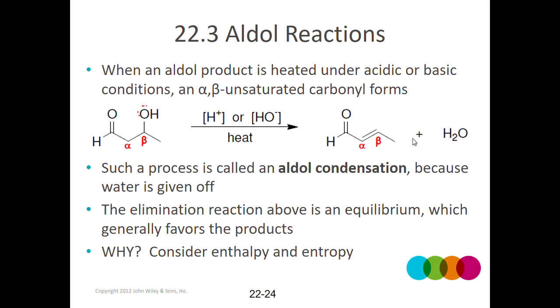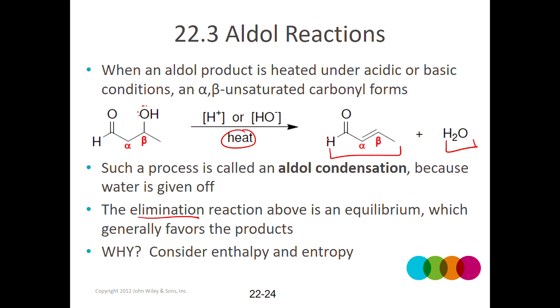And we know heat will shift an equilibrium toward the side with more entropy, the side with more moles. So we can force this to happen with some heat and some acid or base catalyst. And so there are two mechanisms for that elimination process.